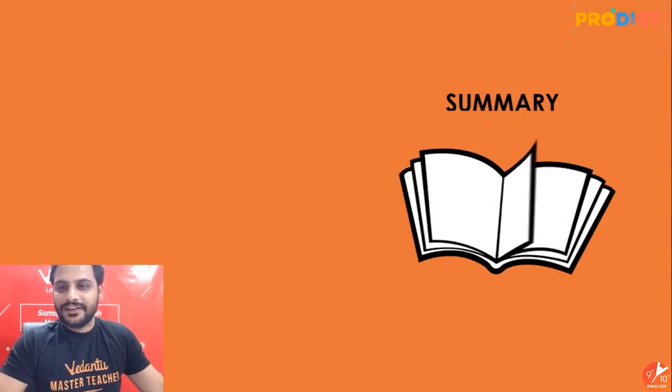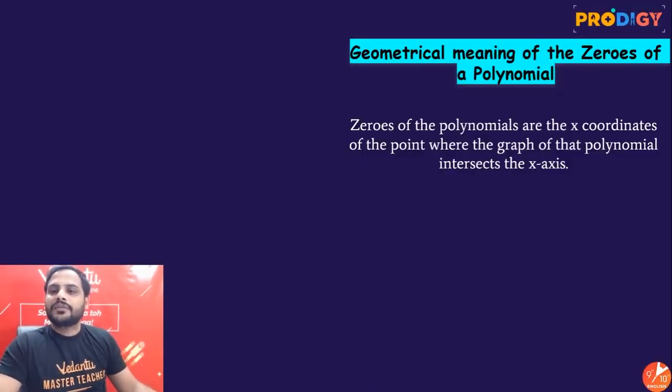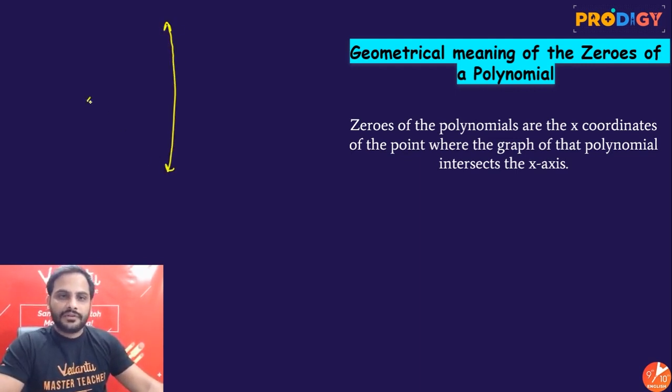All right, so the first thing, let us summarize the whole session first. So first thing, I have told you graphical meaning of the zeros of a polynomial means that if I draw a graph, wherever the graph of the polynomial will intersect the x-axis, those will be the zeros of the polynomial, because on x-axis I put the values of x and on y-axis I put the value of the polynomial.